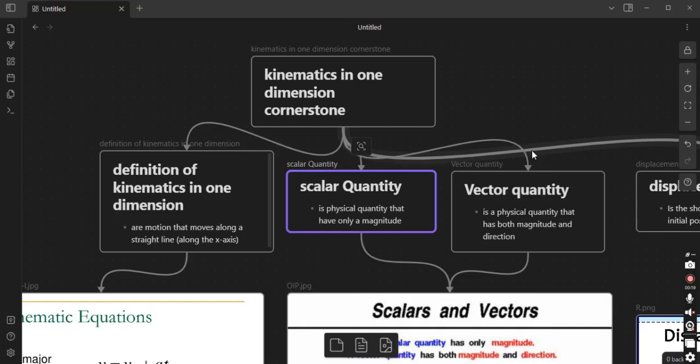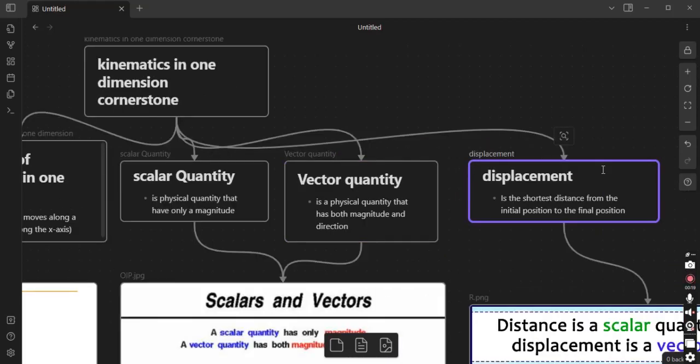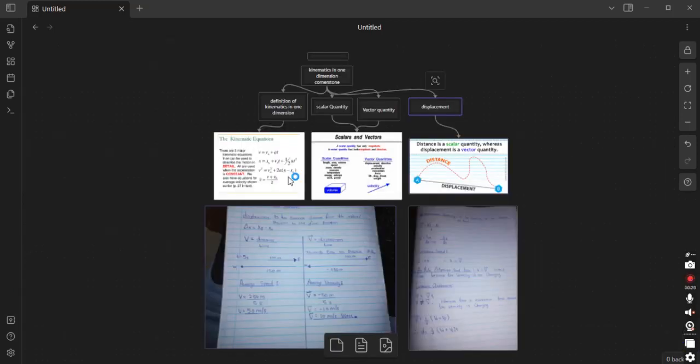We also have the displacement. The displacement is the shortest distance from the initial position to the final position. So guys, I also contributed a few examples there which will explain further about kinematics.